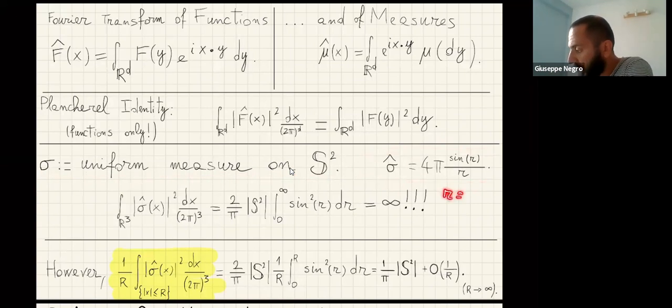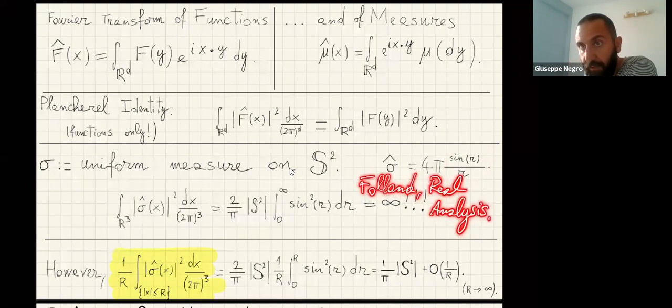Here r is the radial coordinate on R3. The Fourier transform of this surface measure is the sinc function, this function. This is a classical computation which you can find in many books in analysis. I like how it's done in the book of Gerald Folland, Real Analysis, for example, but you can find it in many places.